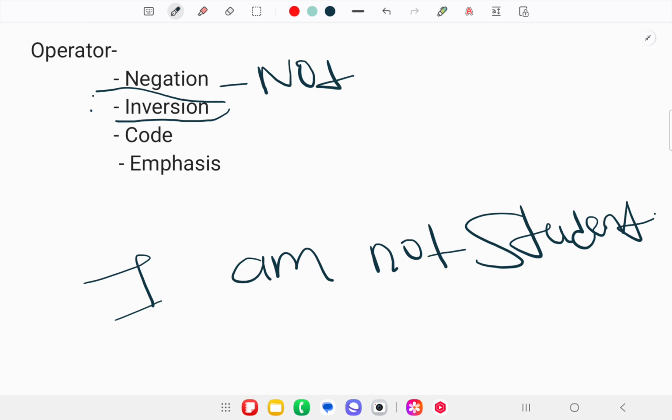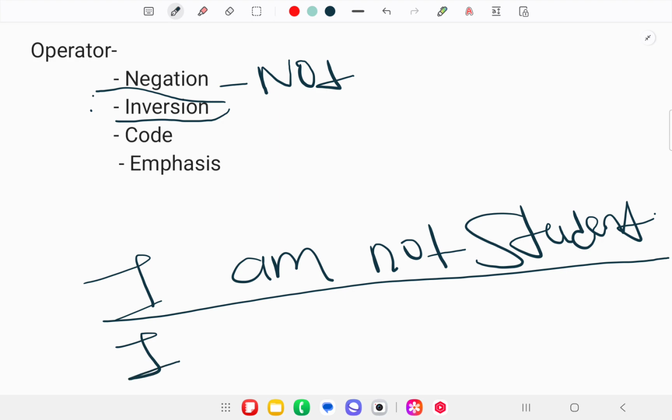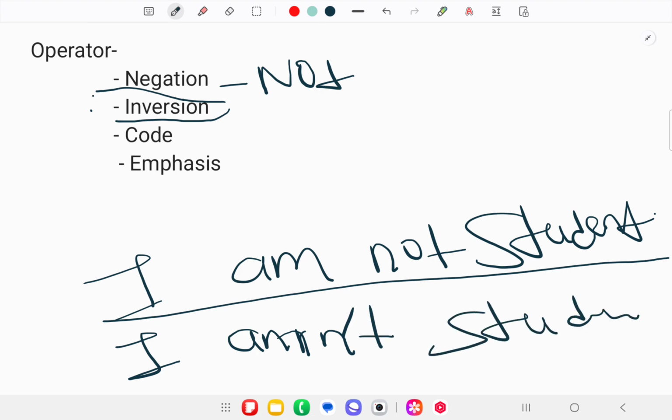That is for the formal sentence. But when I have to write an informal sentence, I will write something like I am, n, t, student. Whenever we write an informal sentence, the not will be contracted to the operator.